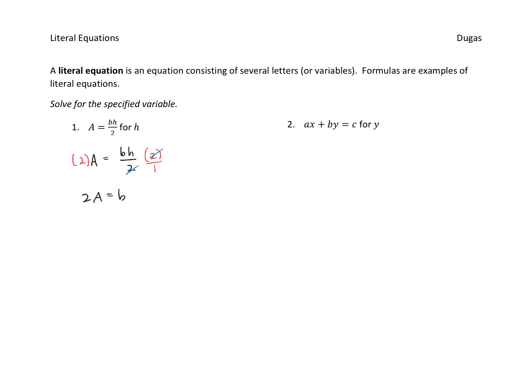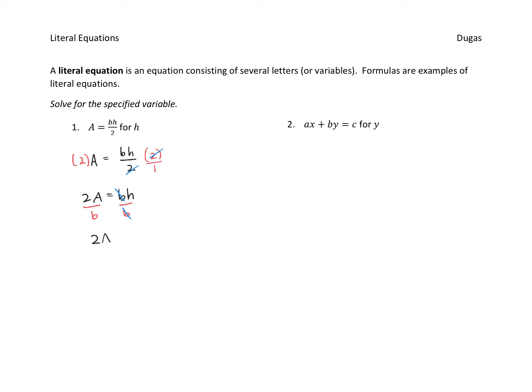So this ends up giving me 2A is equal to BH. Remember, the whole goal is to get H by itself. So I need to move everything away from H. I've moved the 2. Now I need to move that B. So I have B times H. To undo multiplication, you divide, right? The inverse operation of multiply is divide. So we're going to divide both sides by B. B divided by B is 1, so that's gone.